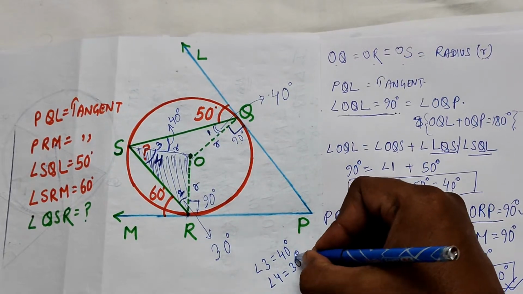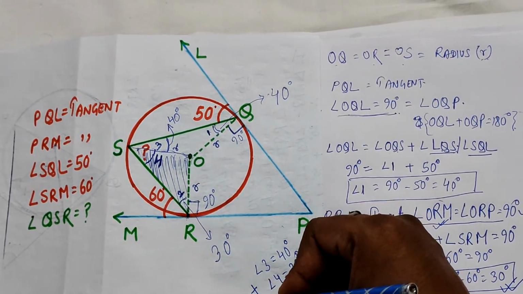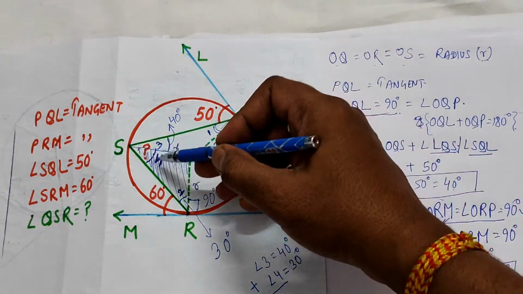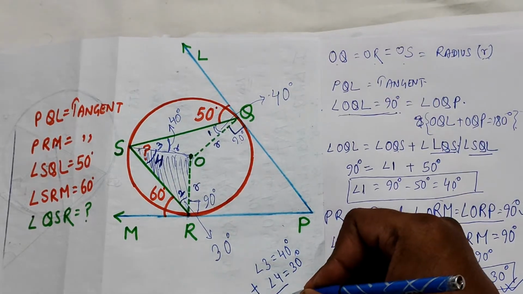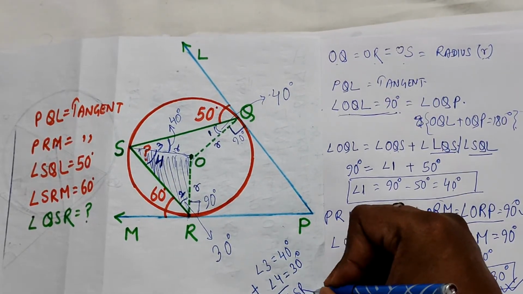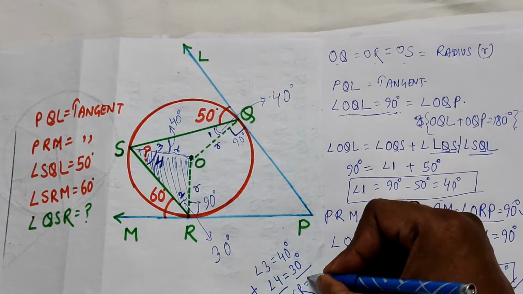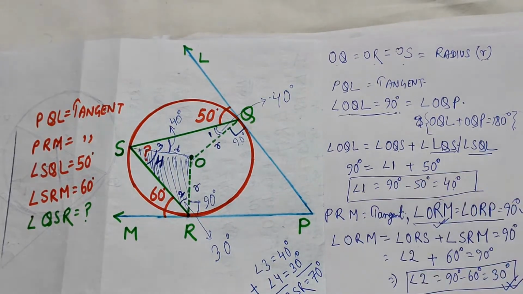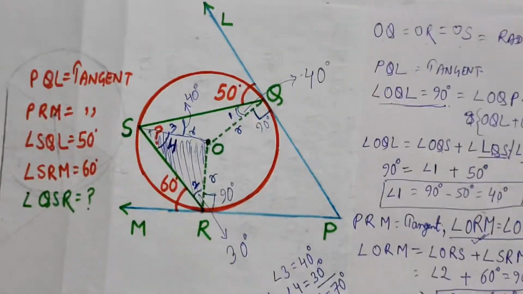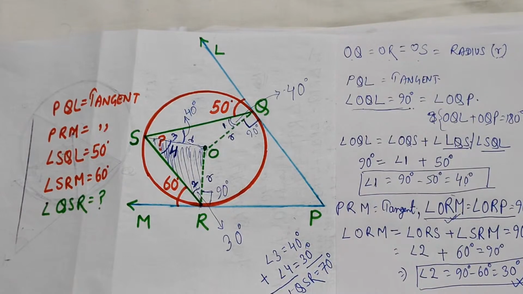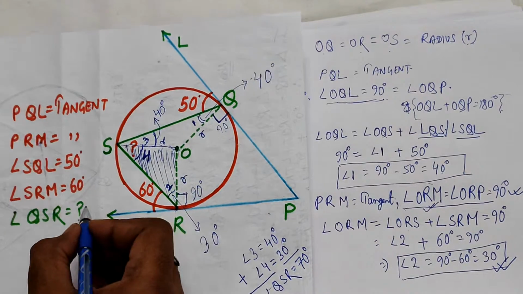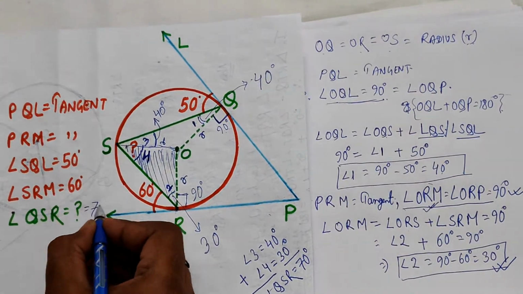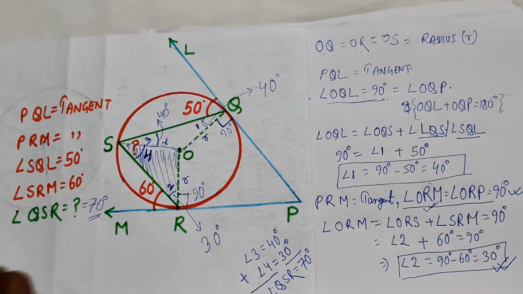So 30 degrees. And when you add up angle 3 and angle 4, you will get angle QSR. So this will give you angle QSR, and the value of this is calculated as 70 degrees, right? So this is our answer, and this is calculated as 70 degrees.